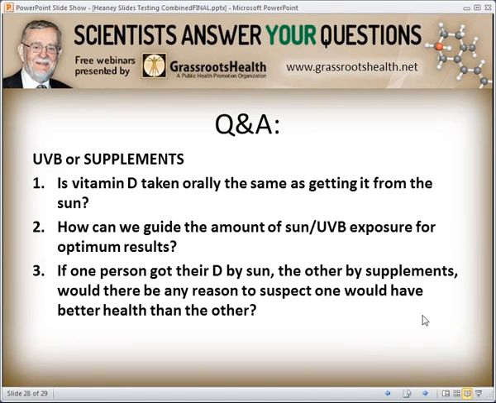How can we guide the amount of sun or UVB exposure for optimum results? This is a very controversial type of question because whereas sun is the natural source of vitamin D for us, from the UVB rays that are contained in normal sunlight, at least in the summer, sun can damage the skin as well.